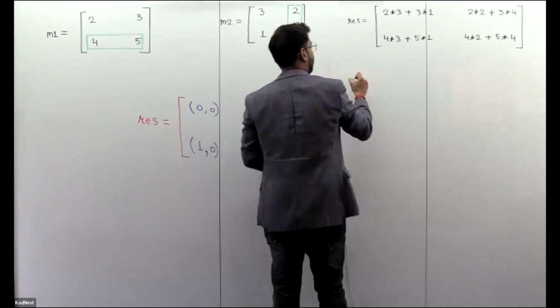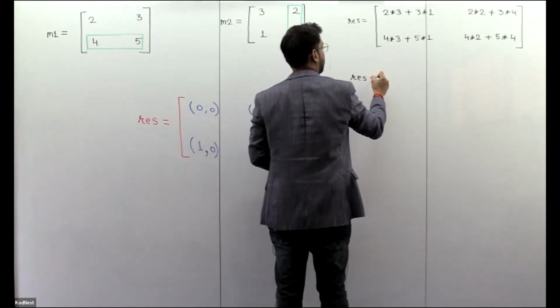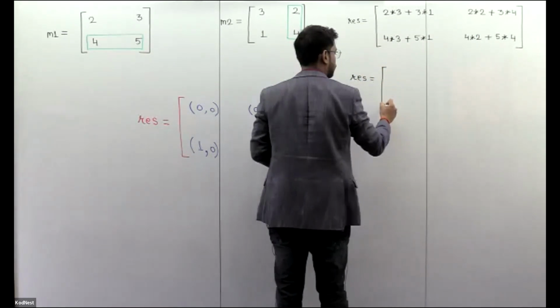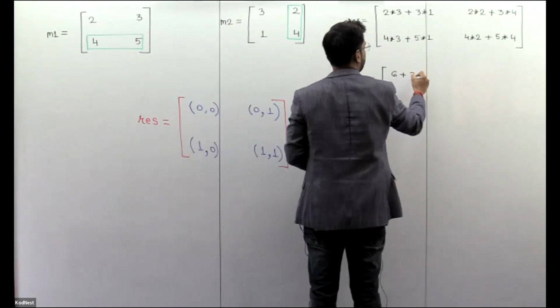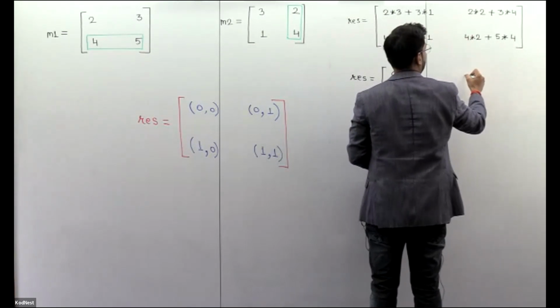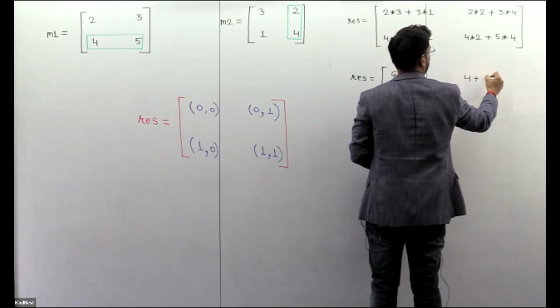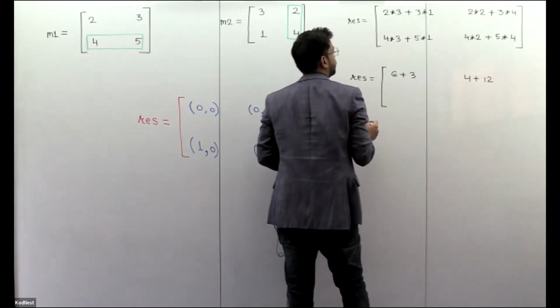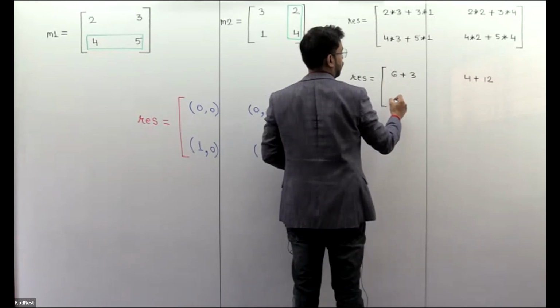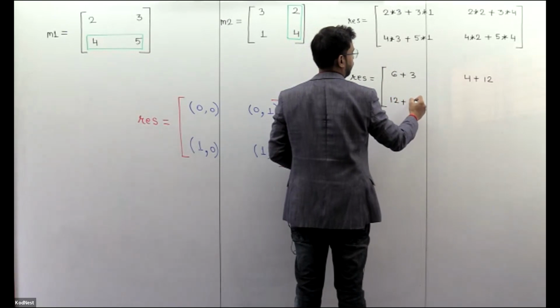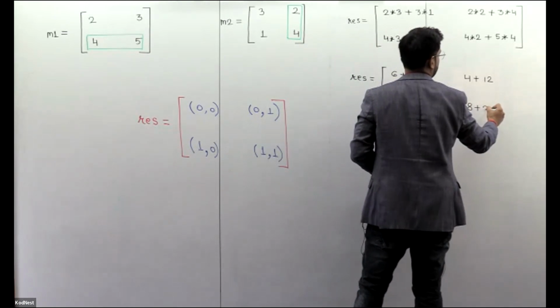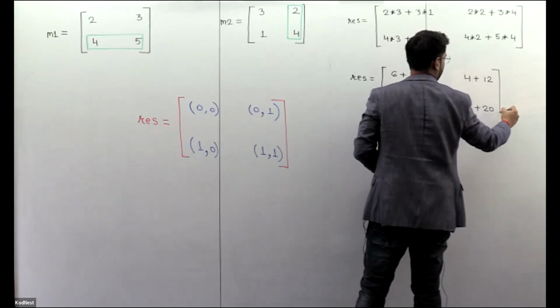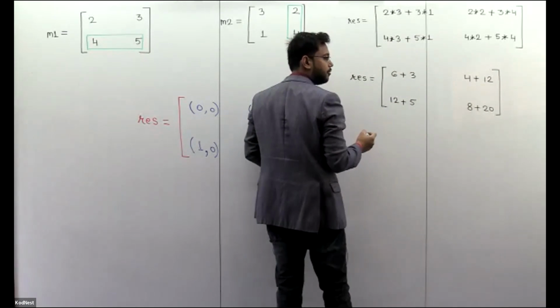I will solve it further. So I will tell result is equals to 2 multiplied by 3, 6 plus 3. Next, 2 2s are 4 plus 12. Next, 4 3s are 12 plus 5. Next, 4 2s are 8 plus 20. Okay, I will solve it further.